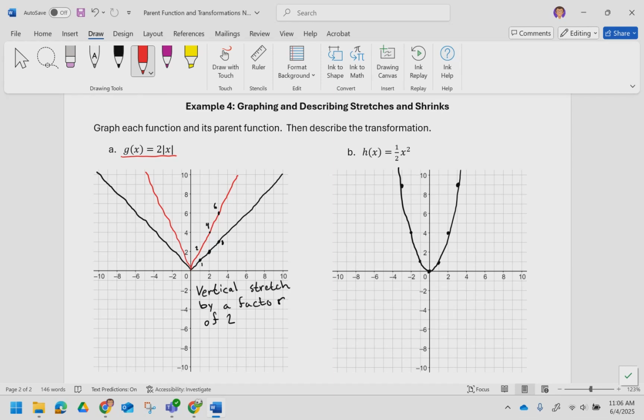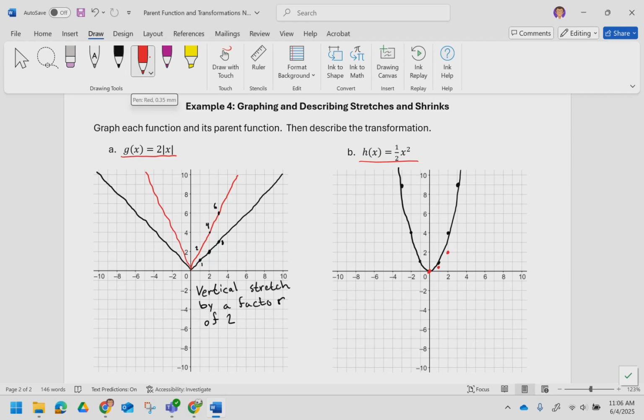Now let's think about what would happen with this. Notice the x squared is still there, but we're multiplying it by a half. So we're going to have half of any value that was there. Half of 0 is still 0. Half of 1 would be 1/2. Half of the 4 would be 2.